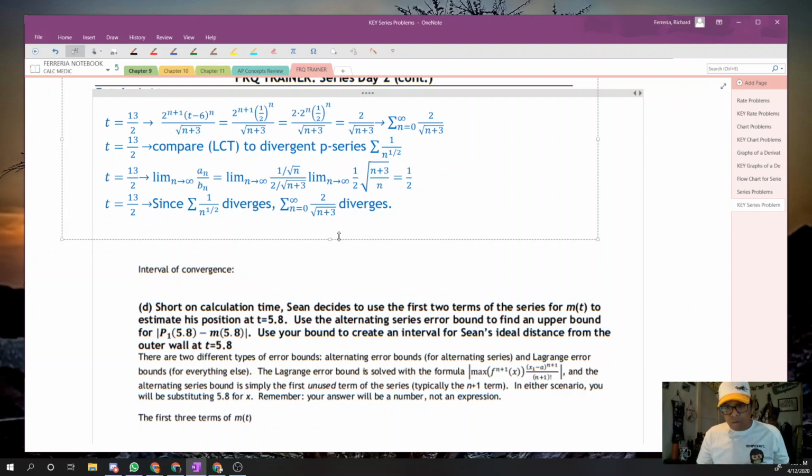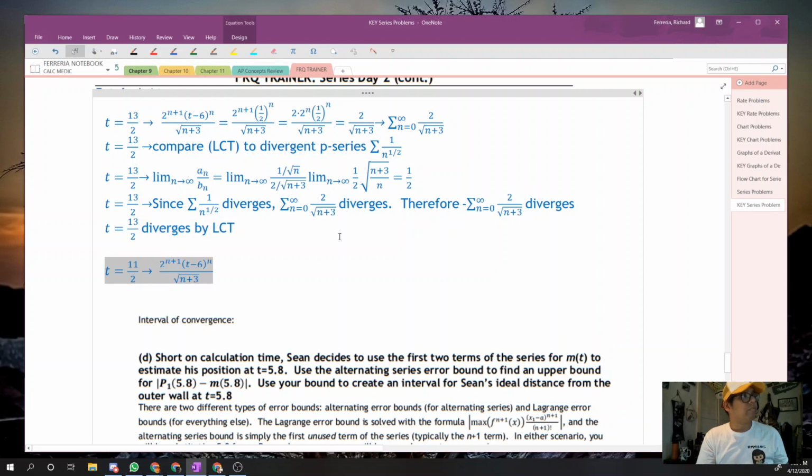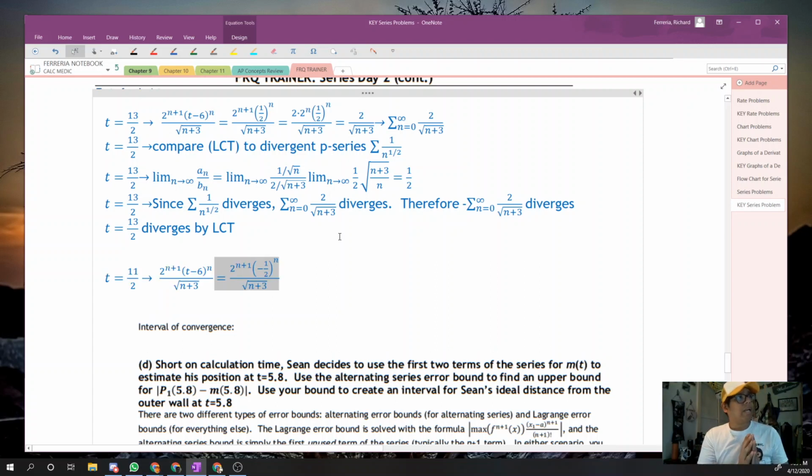Okay, what about the other endpoint, t equals 11 over 2? At t equals 11 over 2, we're going to substitute 11 over 2 for t into the general term of the series, and you get 2 to the n plus 1 times negative 1/2 to the n power. And we're going to use a lot of the same simplification techniques that we did before.